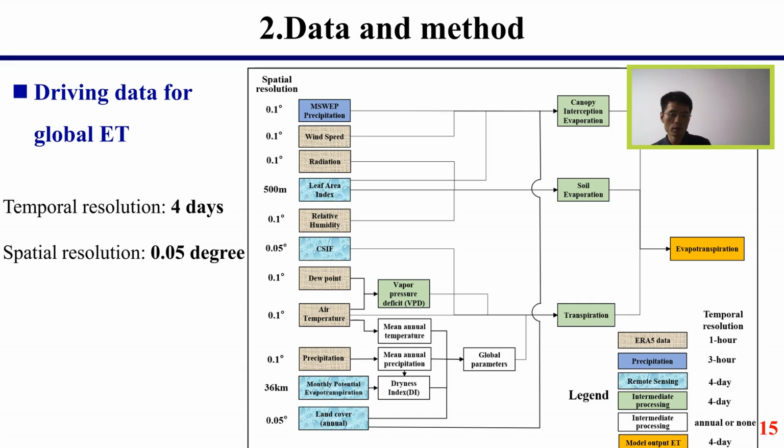Our global ET estimation is aimed at a temporal resolution of 4 days and a spatial resolution of 0.05 degree. This is the temporal and spatial resolution of the SIF data we adopted, so we either sample or average all the different variables to this resolution. These are the driving forces.